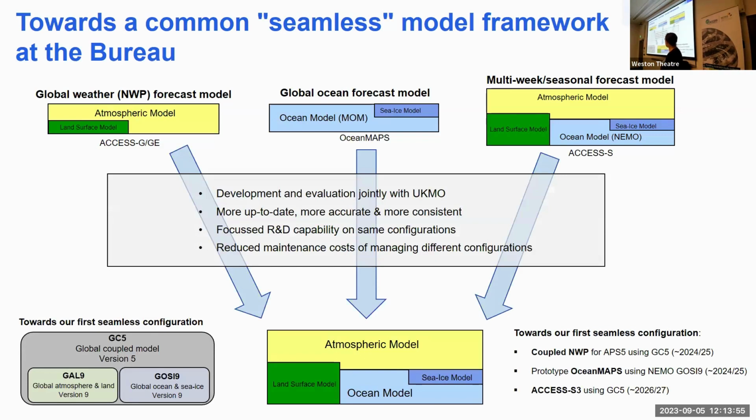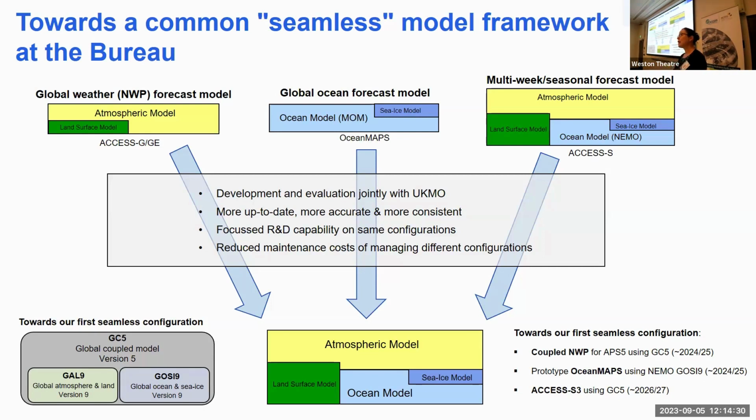So where we want to try and head is work on our development and evaluation much more closely with the Met Office. Be more up to date and focus on consistent configurations. So we're heading towards our first sort of what we're calling seamless configuration, and that's going to be based on a global coupled model version 5 from the Met Office, which includes GAL9, the atmosphere land component, and GOSI9, the ocean and sea ice component.